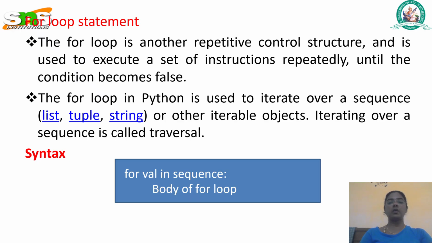It is a repetitive control structure used to execute a set of instructions repeatedly until the condition becomes false. The for loop is used to iterate over a sequence. Here in the for loop we can use a list, tuple and string. Iterating over a sequence is called traversal.